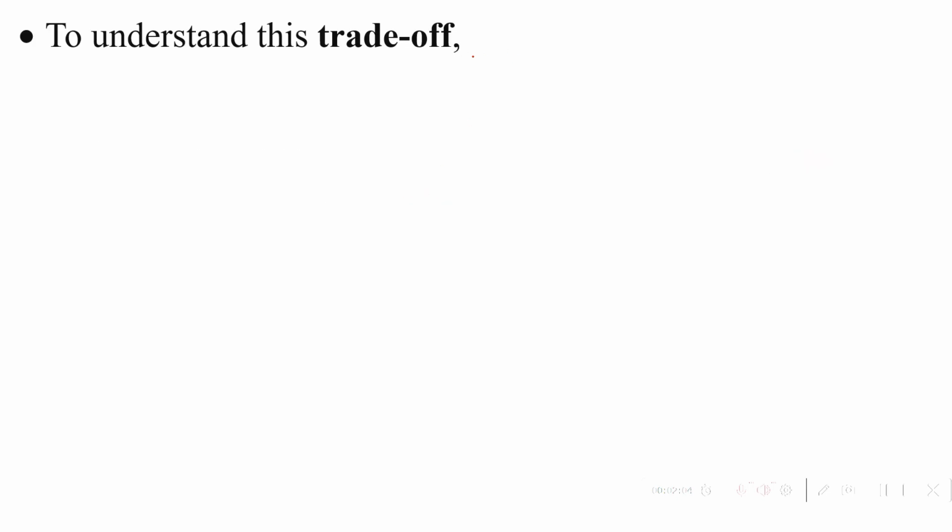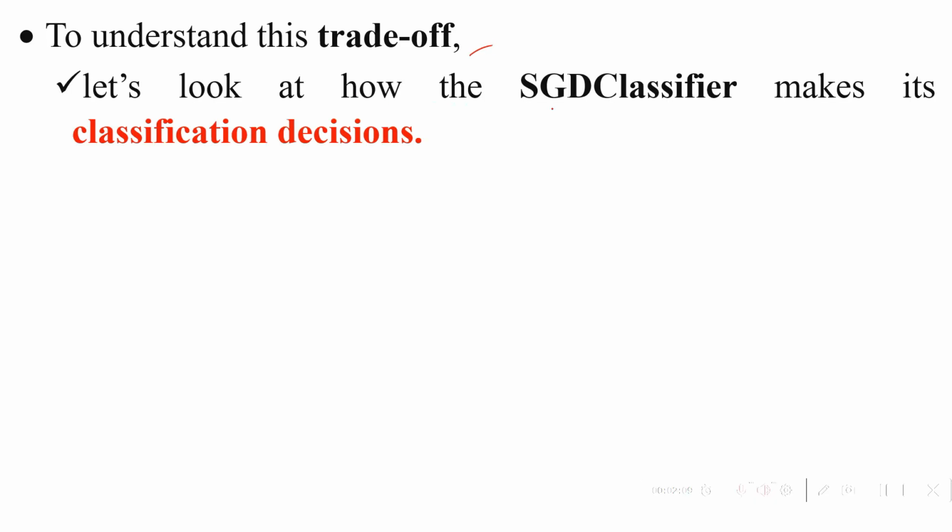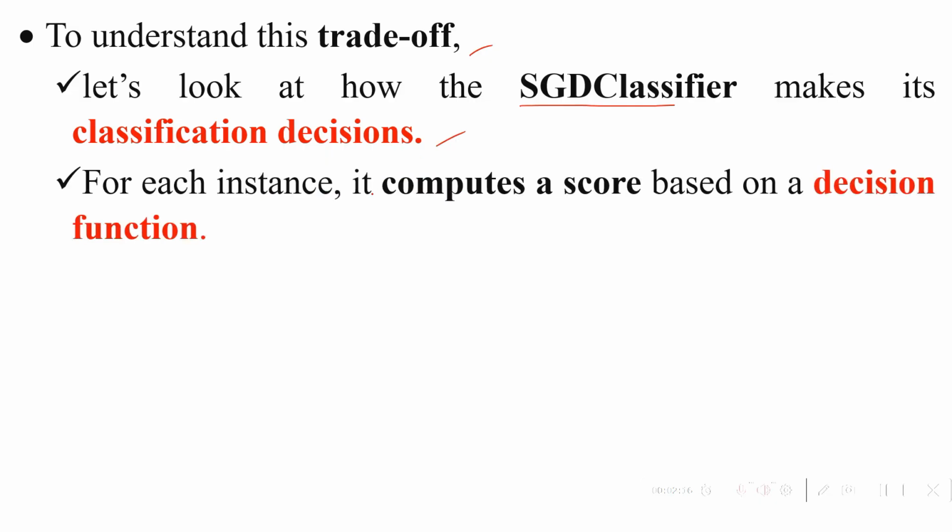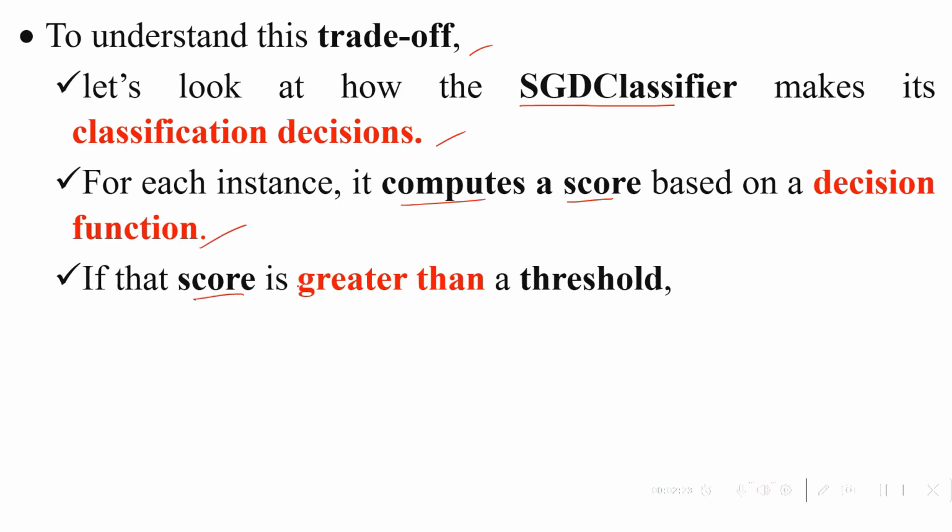Now, to understand this trade-off between precision and recall, let's look at how the stochastic gradient descent classifier makes its classification decisions. It computes a score based on a function, and that function is called the decision function.